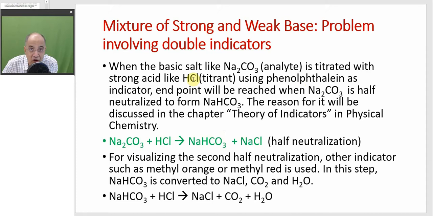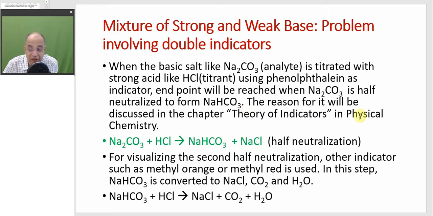When a basic salt like sodium carbonate is treated as an analyte in the titration experiment and is titrated with a strong acid like HCl using phenolphthalein as indicator, the end point will be reached when sodium carbonate is half neutralized to form sodium bicarbonate.